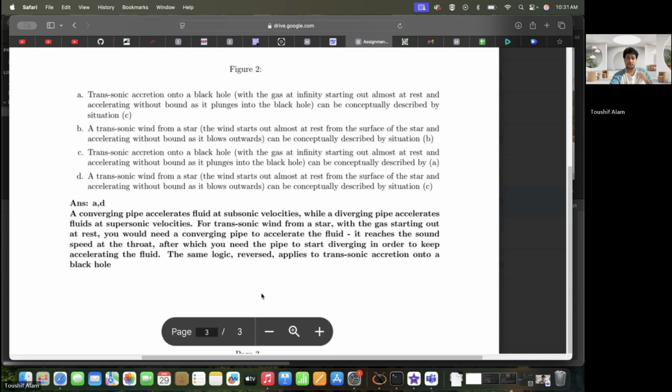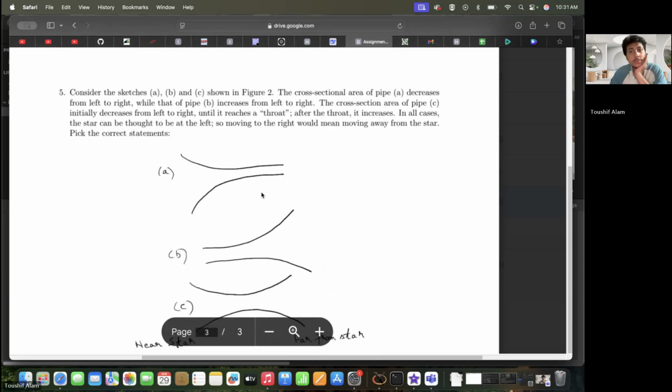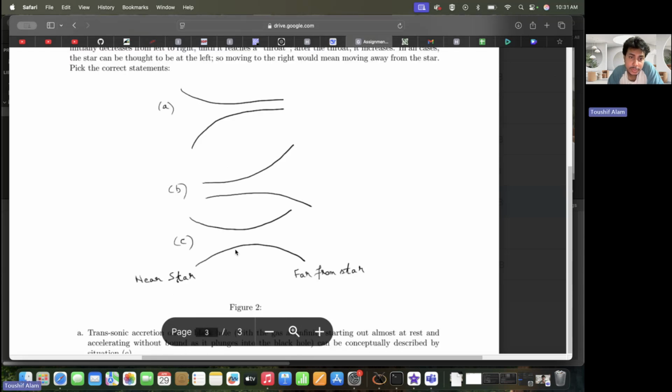Okay. You see the figure, from left to right, subsonic will become supersonic. The pipe increases from left to right. This will obviously be subsonic to supersonic, near star to far from star.